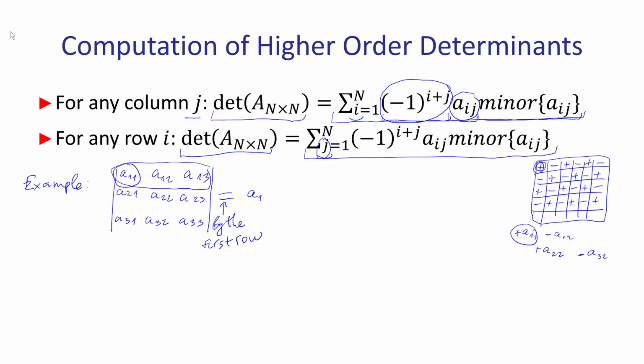So it's A11 multiplied by the minor of A11. So what is the minor of A11? We're crossing out that line and that column, and we get A22, A23, because those are the elements who are left, A32, and A33. So those are the elements here.